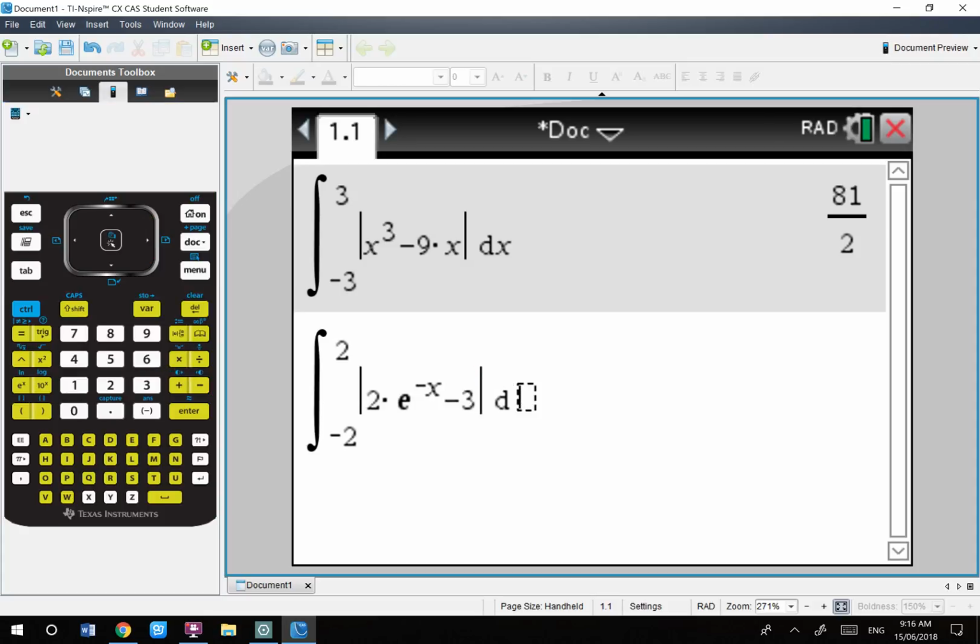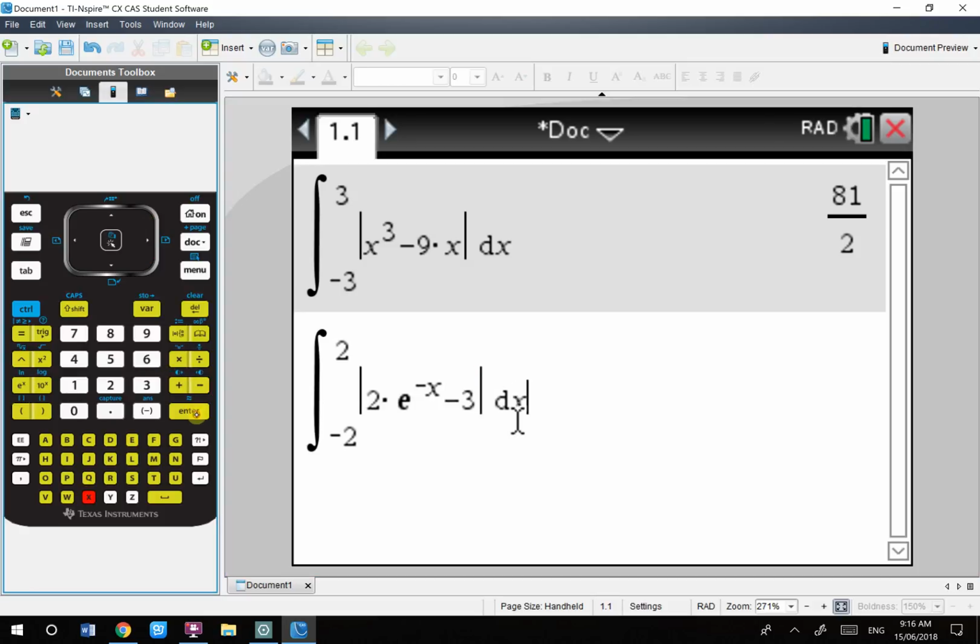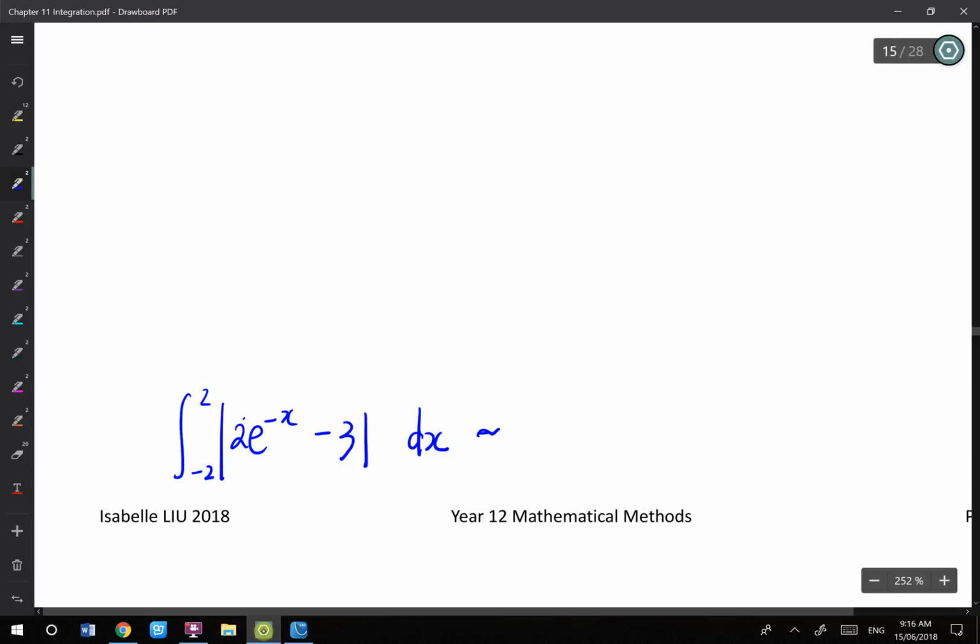That gives me approximately 11.48. It's not exact because e is not a rational number, so I can't express it in exact form this way. So I'll say it's approximately 11.48.